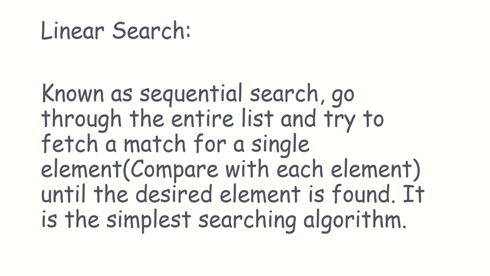It goes through the entire list and tries to find the element, or fetch the match of the single element, by a small comparison with each element until it finds the desired element.